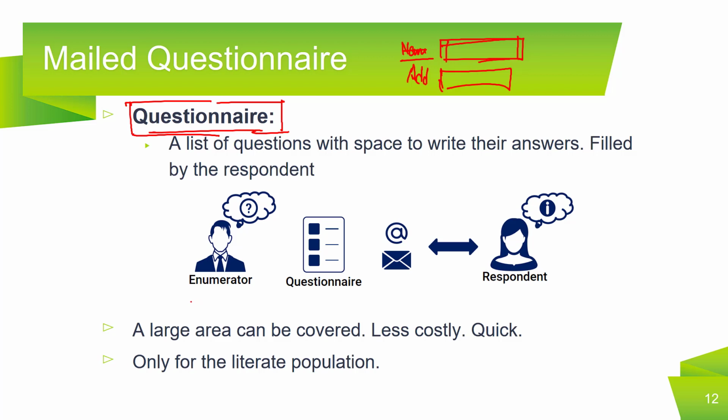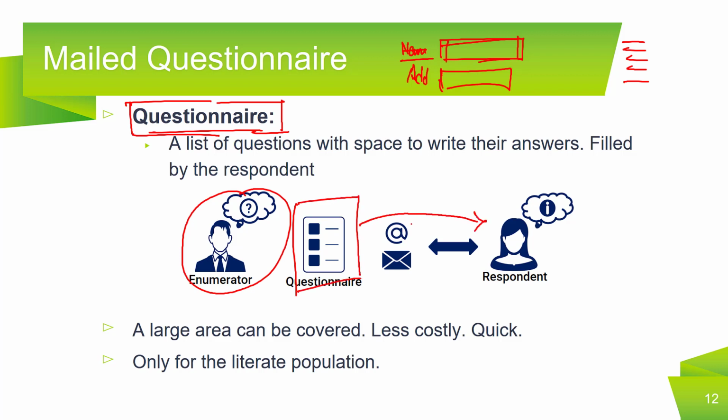Now if you mail this questionnaire or set of questions to a particular respondent, the enumerator will prepare a list of questions. He or she will mail them either electronically or by conventional postal methods to the respondent.